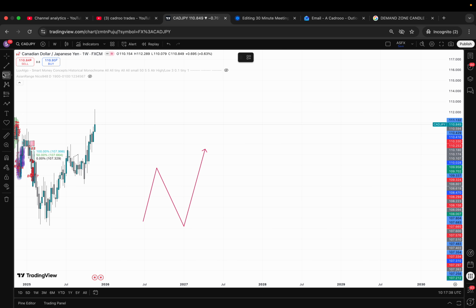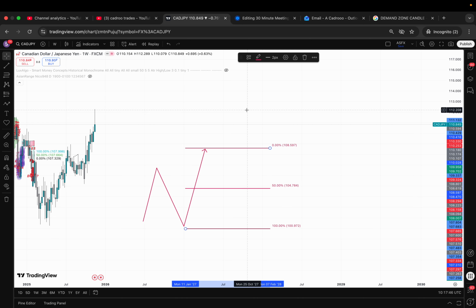If you know, please leave a comment. When I was talking about swing high, swing low, price is going to retrace back into the premium area and then continue going back up.